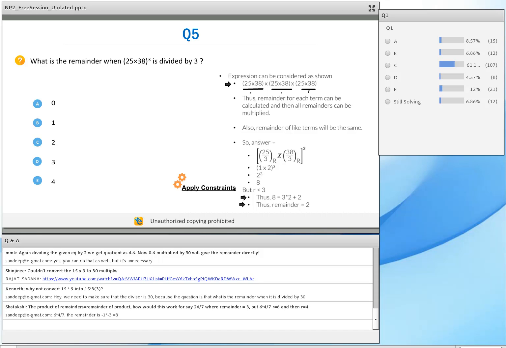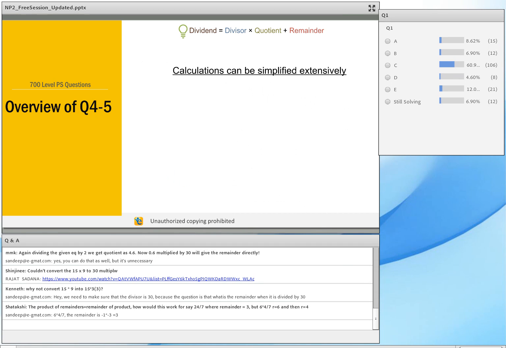So let's do an overview of questions 4 and 5. By using the sum rule and the product rule, we can really reduce the amount of calculation that we need.